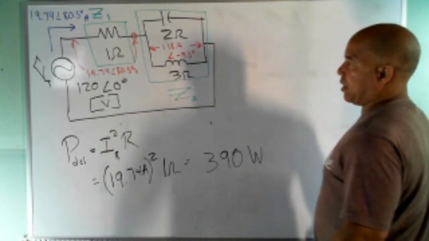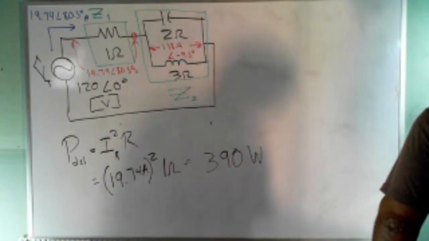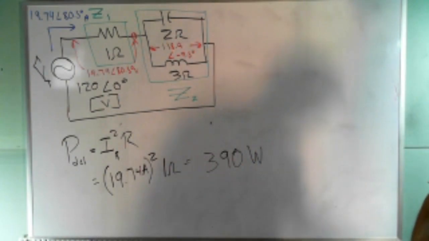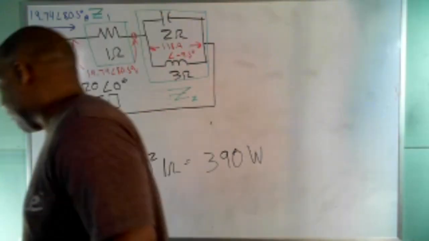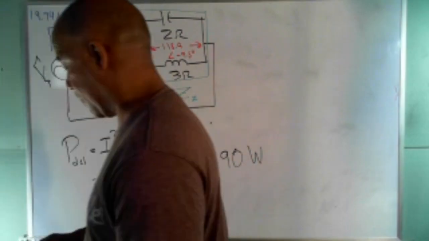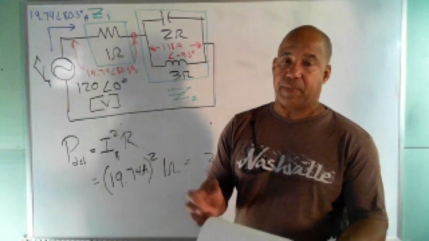So there is my power delivered. That's the power dissipated by the resistor. And then the last question says, they didn't ask us to find the power factor. Oh, yeah, they did. No, it says, what effect does XL and XC have on the power delivered?